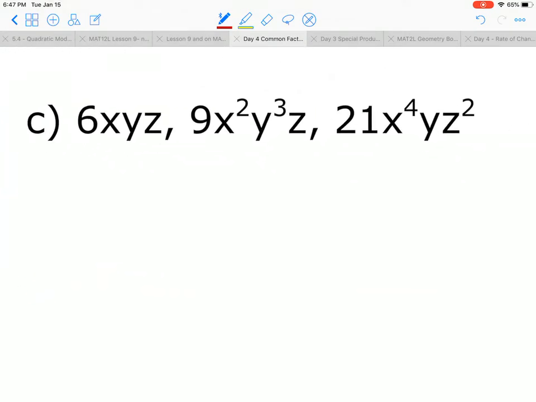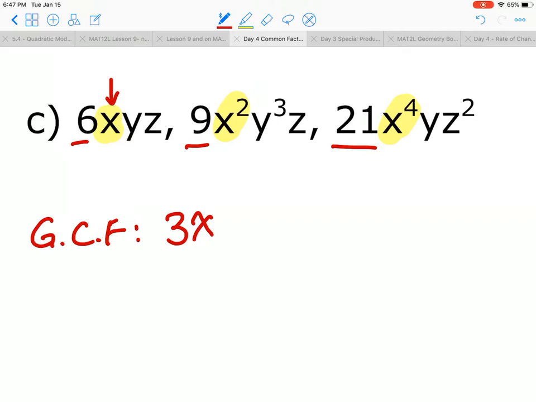Now the next one is a mixture of everything: number xyz, number xyz, number xyz. You look at the numbers first. If you look at 6, 9, and 21, our GCF, the biggest number that divides all three, is 3, right? Then if you look at the x's, which I will highlight in yellow, x appears in all three terms. So I put the x, and the lowest exponent is x to the power of 1.